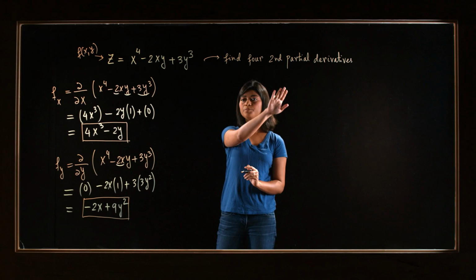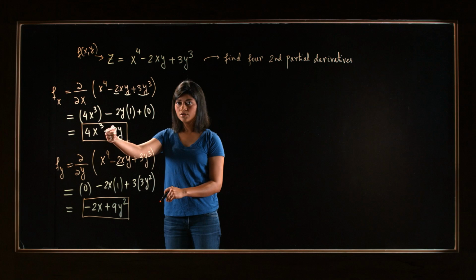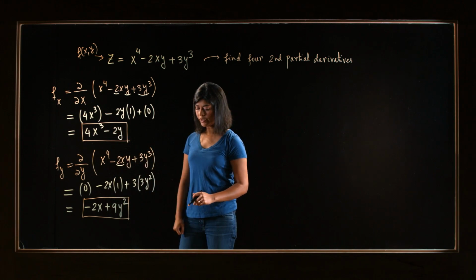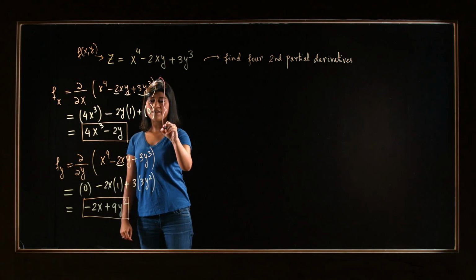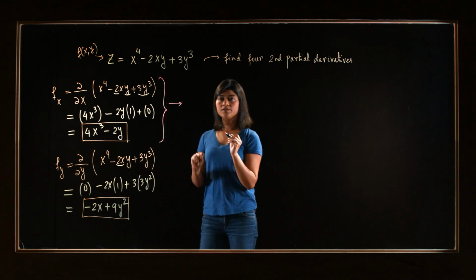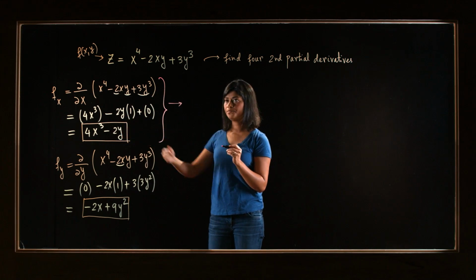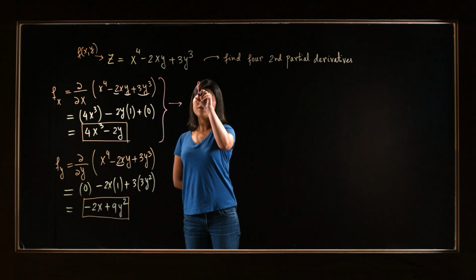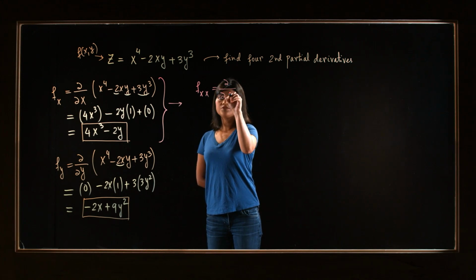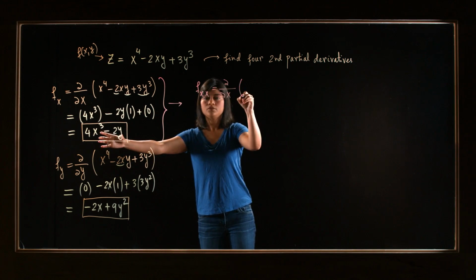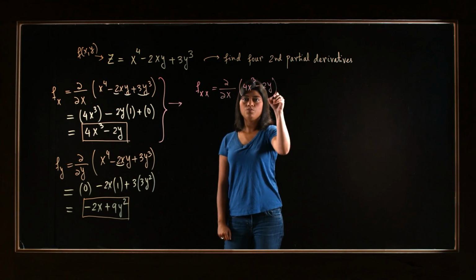Okay. Now we have to compute the second partial derivatives, which are the partial derivatives of this expression and this expression, right? So let's compute that. For fx, we will be taking the partial derivative with respect to x and with respect to y. So the first one is fxx, and that is the partial with respect to x of fx, so 4x cubed minus 2y.